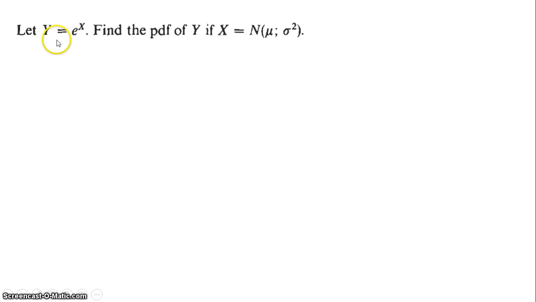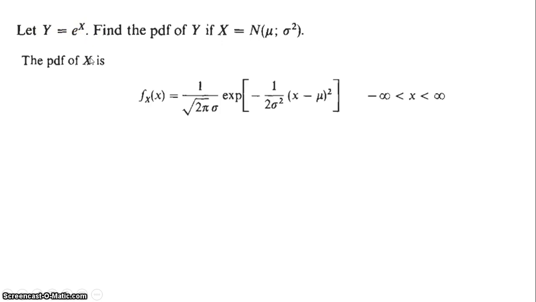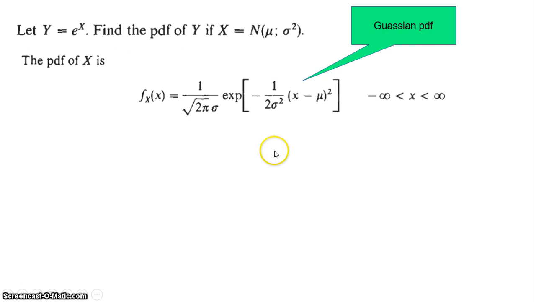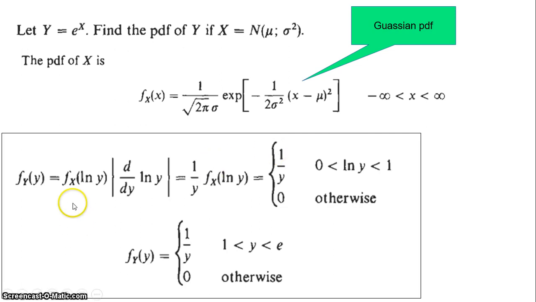Write down the distribution definition, F_Y of y as P of Y less than or equal to y, and in place of capital Y substitute e power x less than or equal to y, then write down the expression. You know the density function of a Gaussian random variable is 1 by root 2 pi sigma times exponential of minus x minus mu whole square by 2 sigma square. You can use that and calculate f_Y of y.